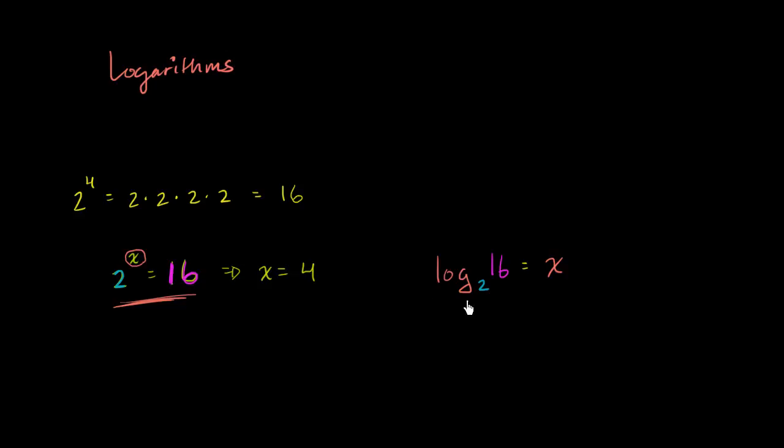This and this are completely equivalent statements. This is saying, if I take 2 to some x power, I get 16. This is saying, what power do I need to raise 2 to get 16? And I'm going to set that to be equal to x. And you would say, well, you have to raise it to the 4th power. Once again, x is equal to 4.